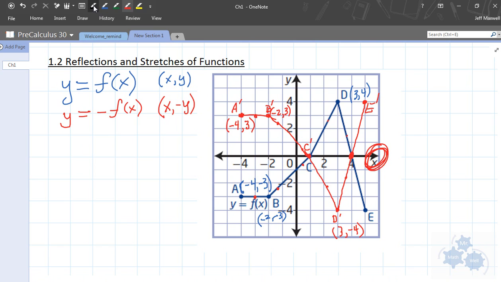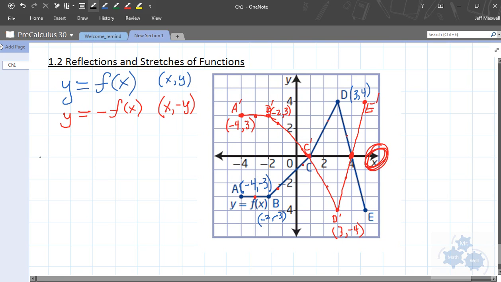So what this means is this. Let's write a little bit of notes down.